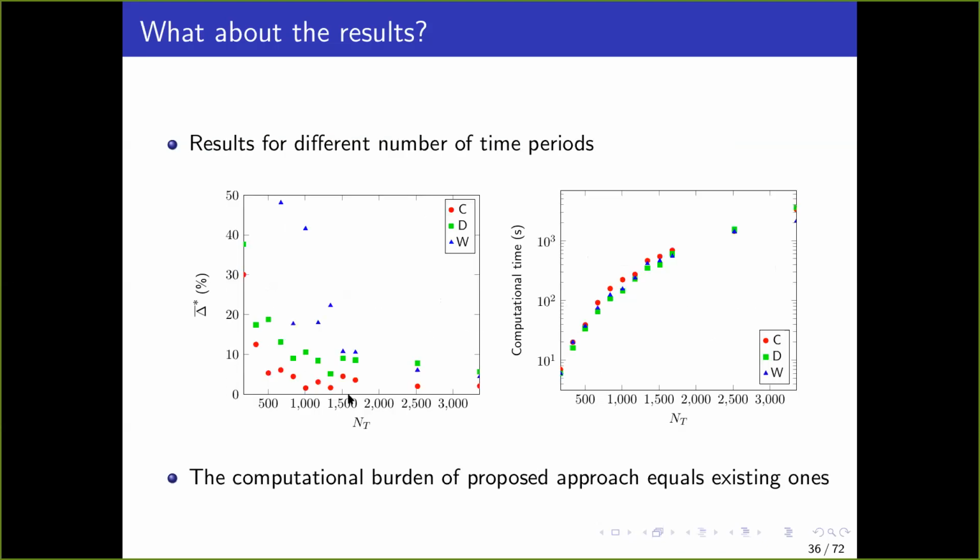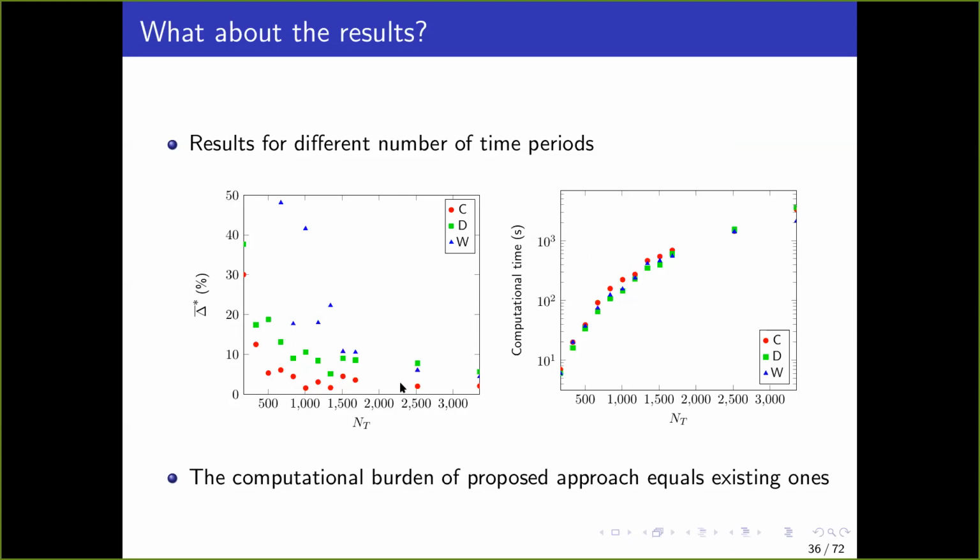And finally, for these examples, we took 672 periods, but you can also increase that. And here is the evolution of the increase of the cost and also the computational time. As you can see, the red dots belong to the proposed method, and the other two to representative days and weeks.